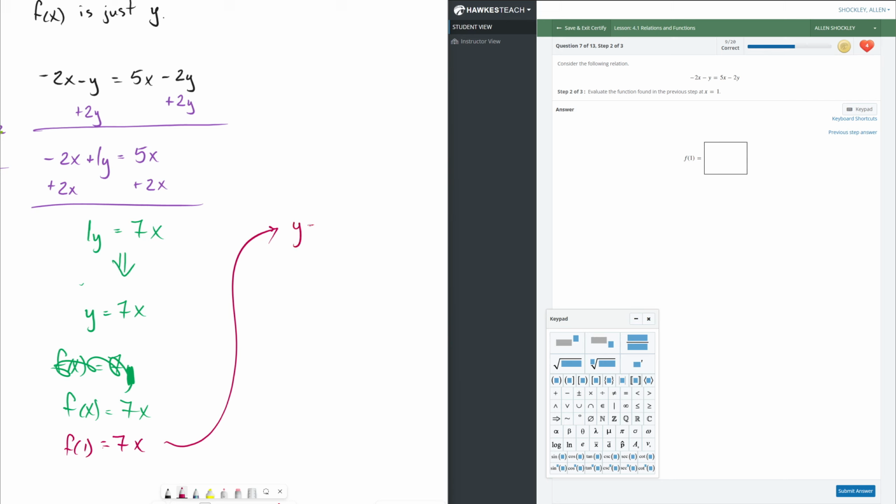So y equals 7, but instead of x, we're going to put whatever's in the parentheses, or for us, 1. So y equals 7, or f of 1 equals 7. These two things, they mean the same thing. So for us, it's an easy equation, 7.